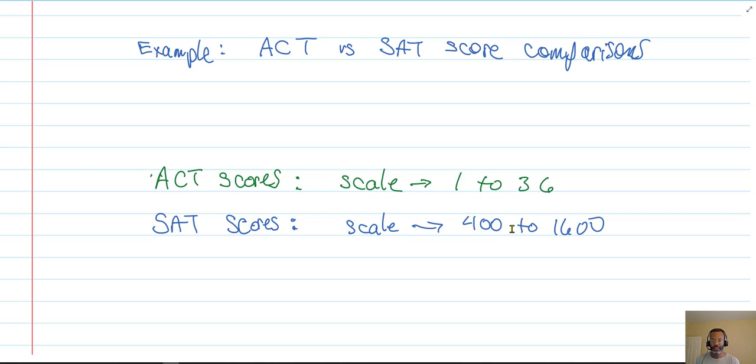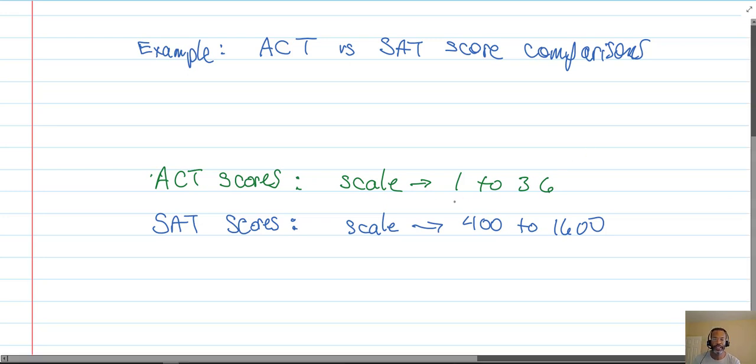That's intuitive. But when it comes to a scale that is not 0 to 100, but rather 1 to 36 or 400 to 1600 for these two different tests, how do you compare one versus the other?